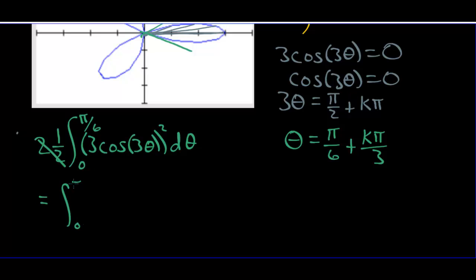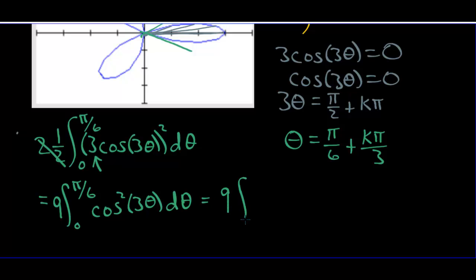We've got 0 to pi over 6, 9 cosine squared 3 theta. Okay, so the 9 just came from me squaring this 3. Now remember how we integrate cosine squared or sine squared. We use an angle reducing formula. So here we've got 9, 0 to pi over 6.